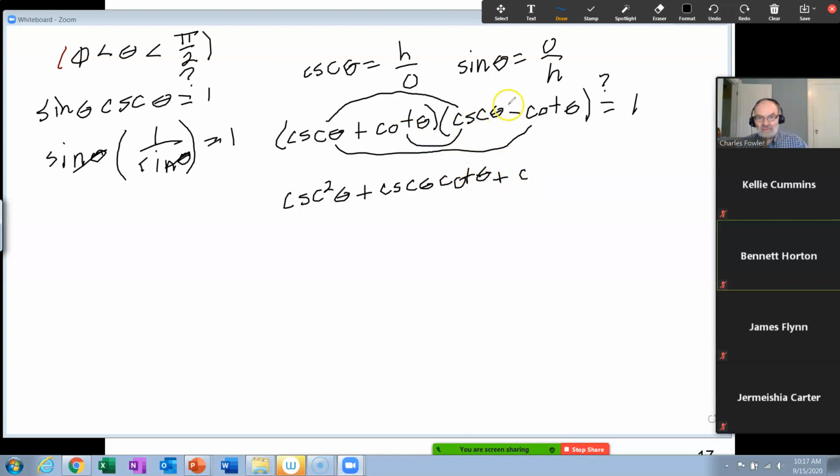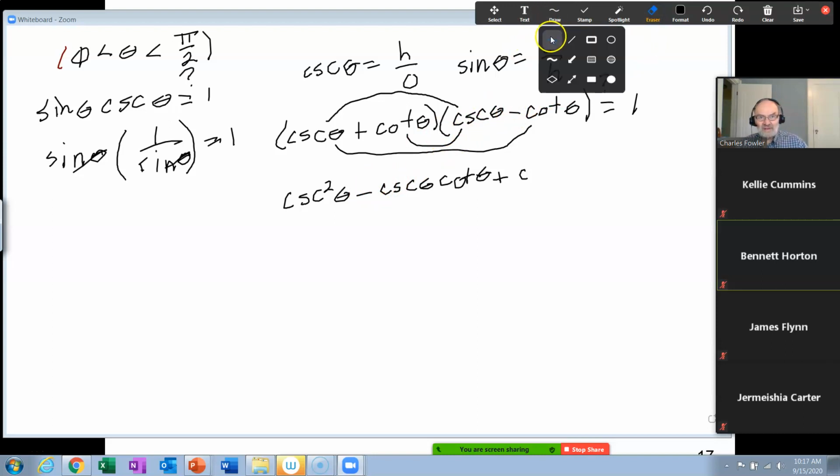Oh, wait. This was a minus here, wasn't it? Oh, there it goes. That's a minus there, because there's a minus with a cotangent. Okay. Sorry about that. There we go. Okay, the innards is plus cotangent theta cosecant theta.